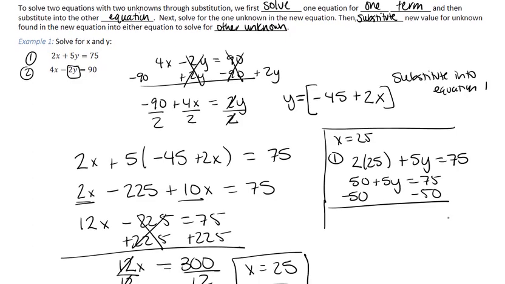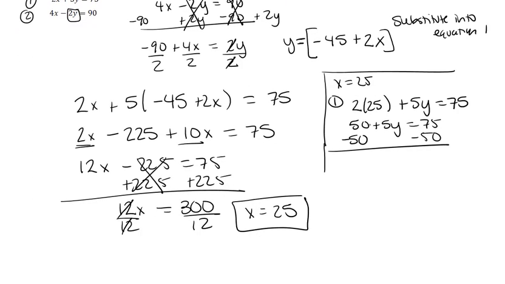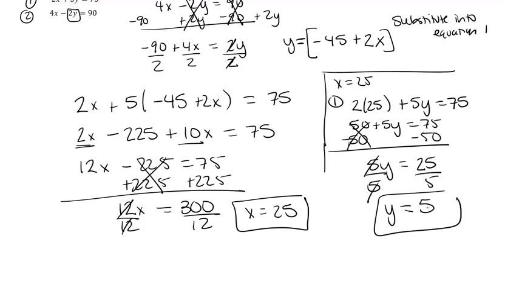This gets us to what we've done before, we just get y by itself. So we have 5y equals 75 minus 50, so that's 25. Divide by 5 on both sides, and we get y is equal to 5, because these cross out. 25 divided by 5 is 5. So our x is 25 and our y is 5.